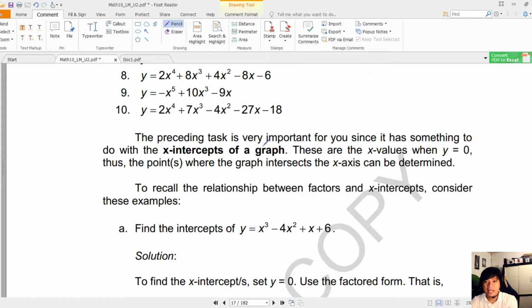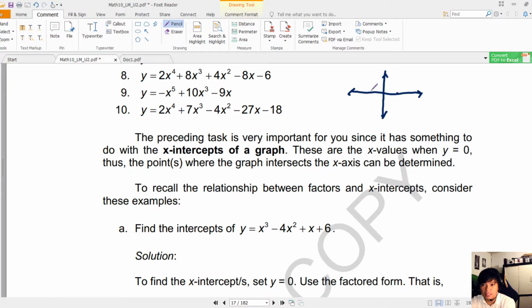When we say x-intercept, take for instance, ito yung ating x and y axis. When we say x-intercepts, ito yung point kung saan dadaan yung graph. It crosses the x-axis. Halimbawa, ang x-intercepts of a graph natin is nasa negative 2.